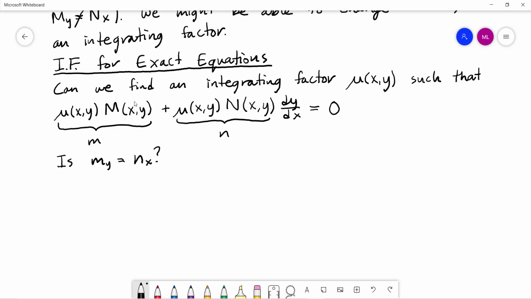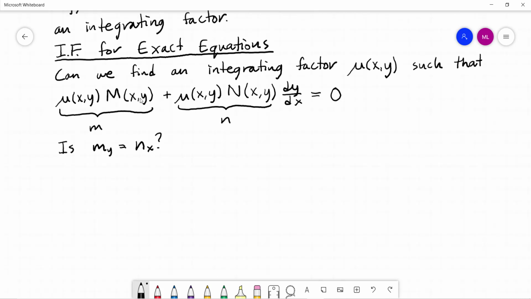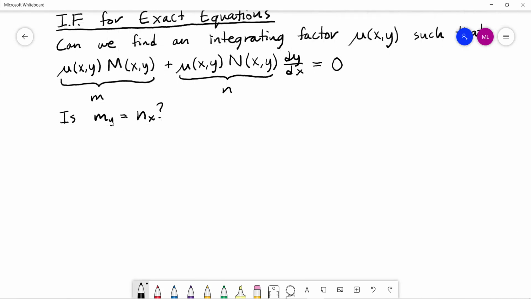So again, as long as the y derivative of the first chunk matches the x derivative of the second chunk, we're good to go. And I've just renamed the chunks to lowercase m and lowercase n to correspond to the modified versions of the original M and N. I hope that makes sense. Okay, so let's check. What would this mean if we actually took the derivative?